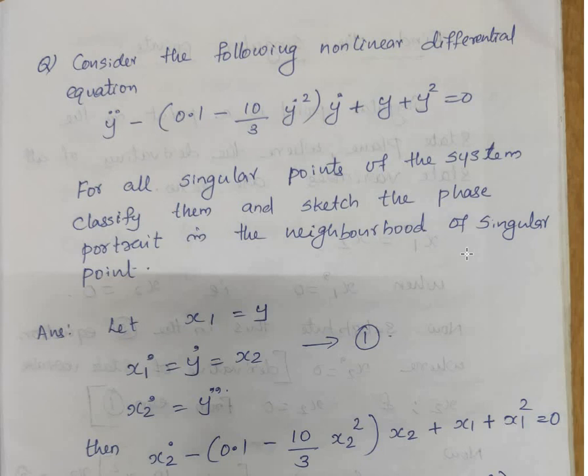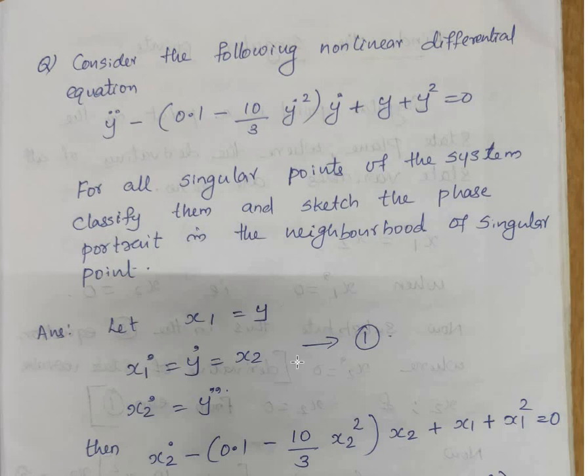So, the first part is to find the singular points, the next part is to find the type of singular points, and the third part is to just sketch the phase portrait. So, let us start the problem.